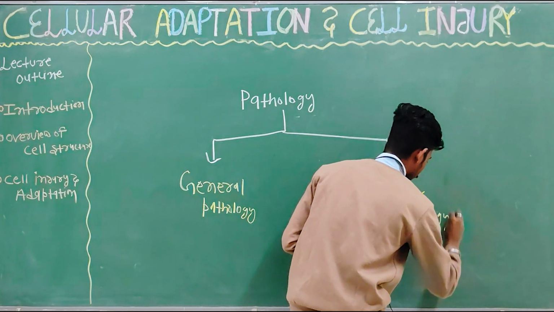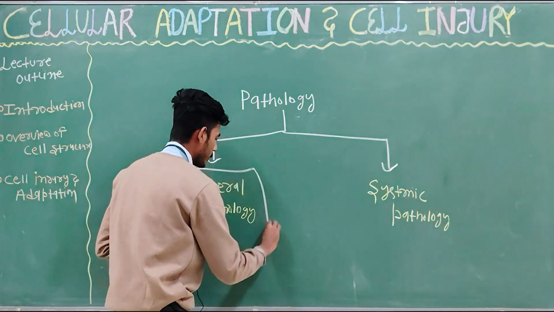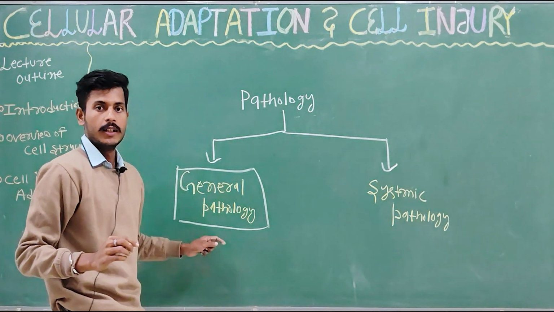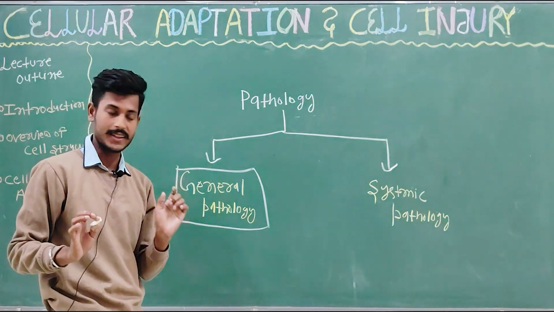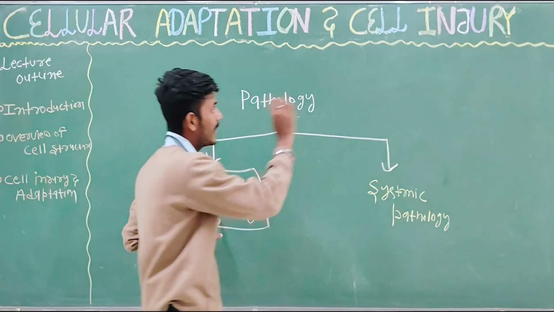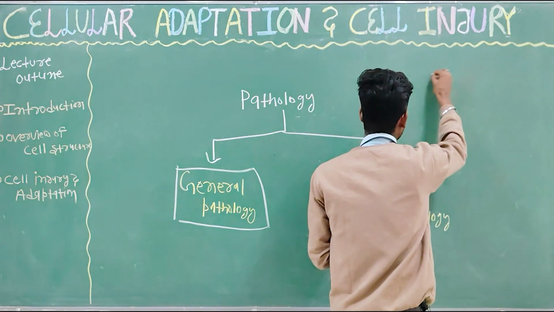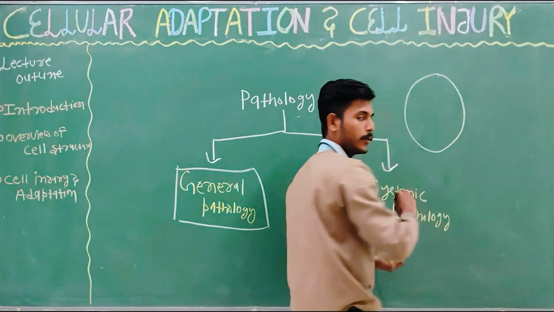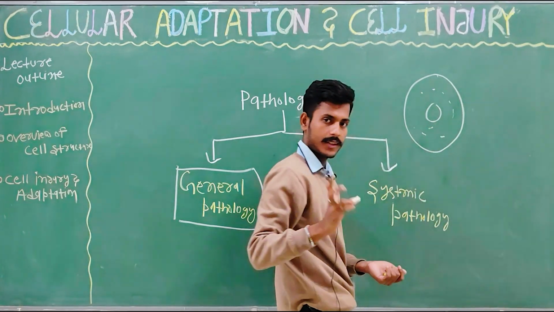Under general pathology, we are going to discuss the cell and cell injury. Suppose this is your cell, and you know that the cell has a nucleus and many other internal cell organelles.